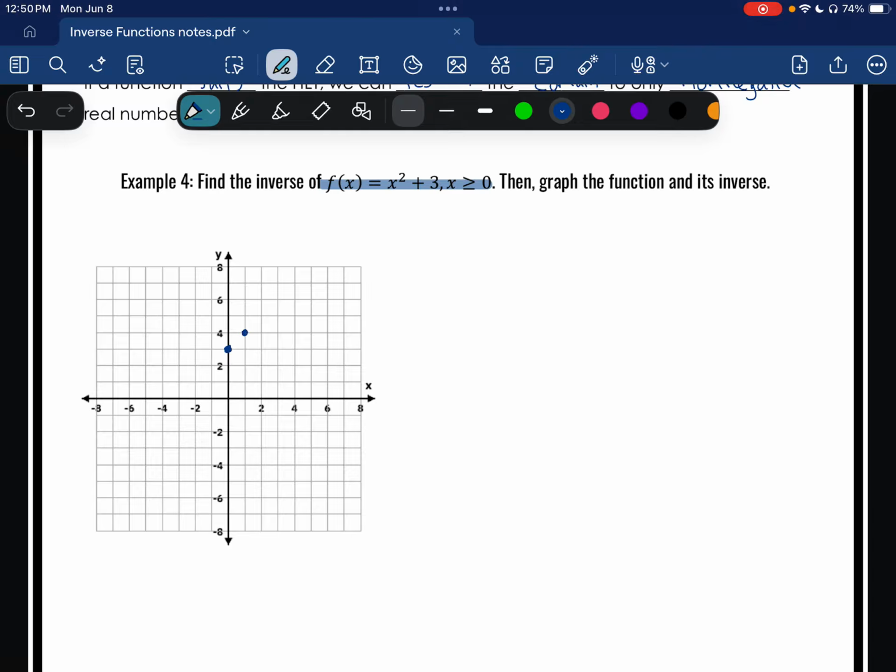We don't want to use the negative root, and so we're going to have y equals the square root of x minus 3. As we restricted this, we said, hey, this is going to be a function, so we're going to call it f inverse of x.